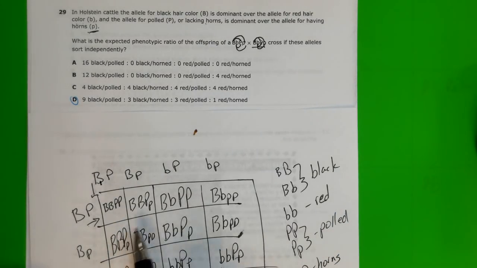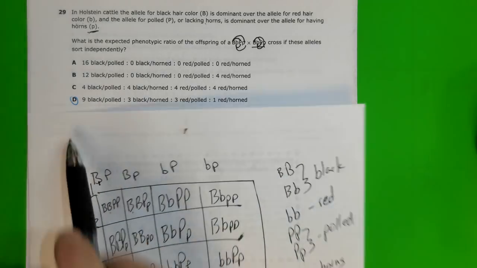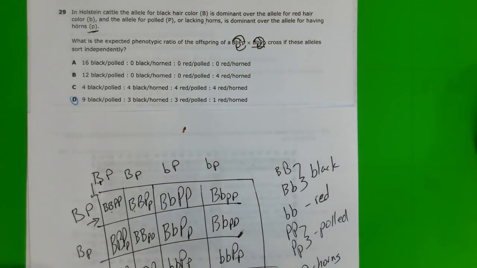We count how many big P's we have first. 1, 2, 3, 4, 5, 6, 7, 8, 9. So we should get a 9, 3, 3, 1 ratio. Anytime you have a heterozygous and heterozygous in a dihybrid or 2-trait cross, it's automatically always going to be a 9, 3, 3, 1.